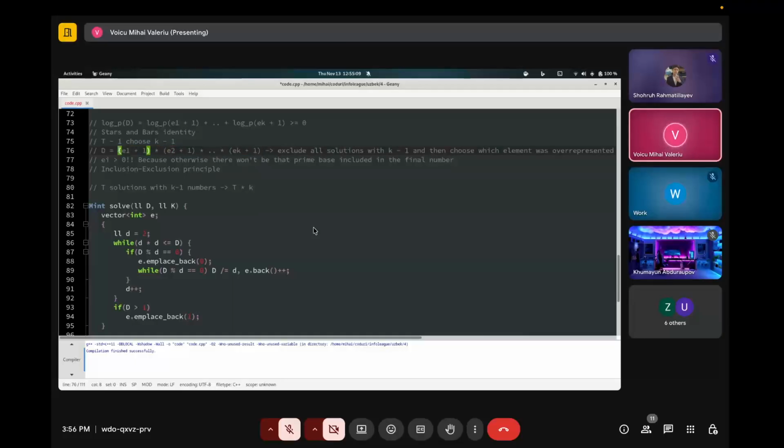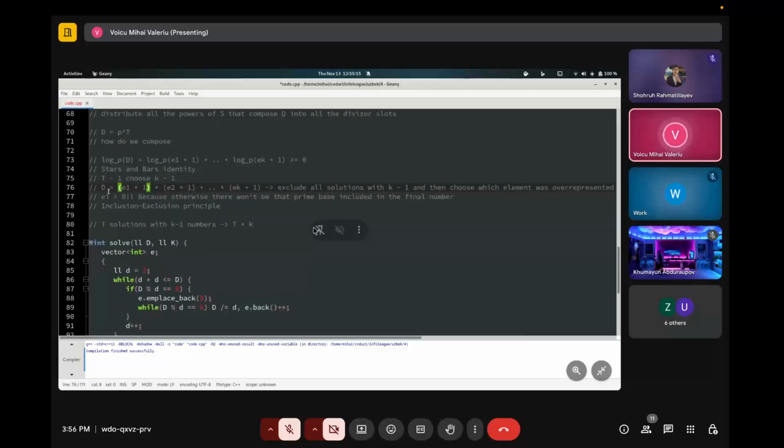So if we are to find a distribution of D into divisors, but we are not sure if some of them would be equal to 1, then we subtract the count of solutions where there are fewer than k non-1 numbers, and then we choose which number was actually equal to 1 in our solution.